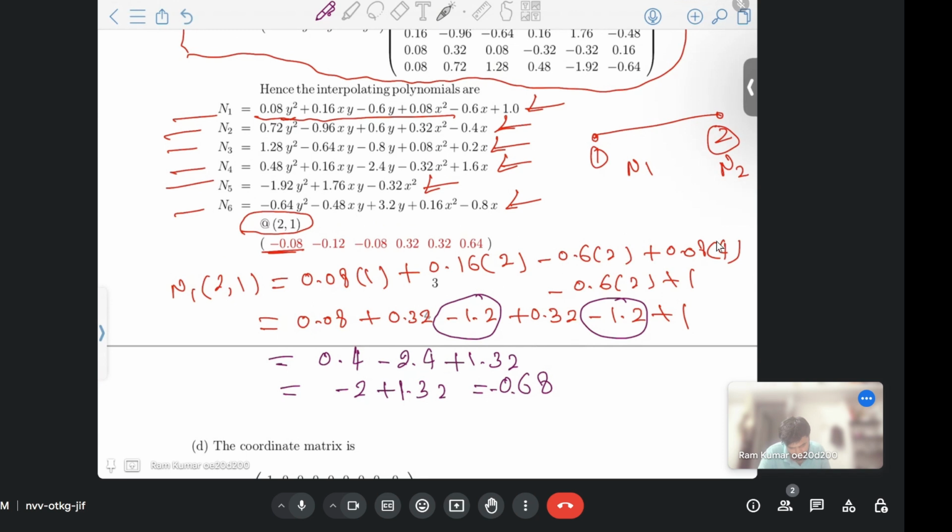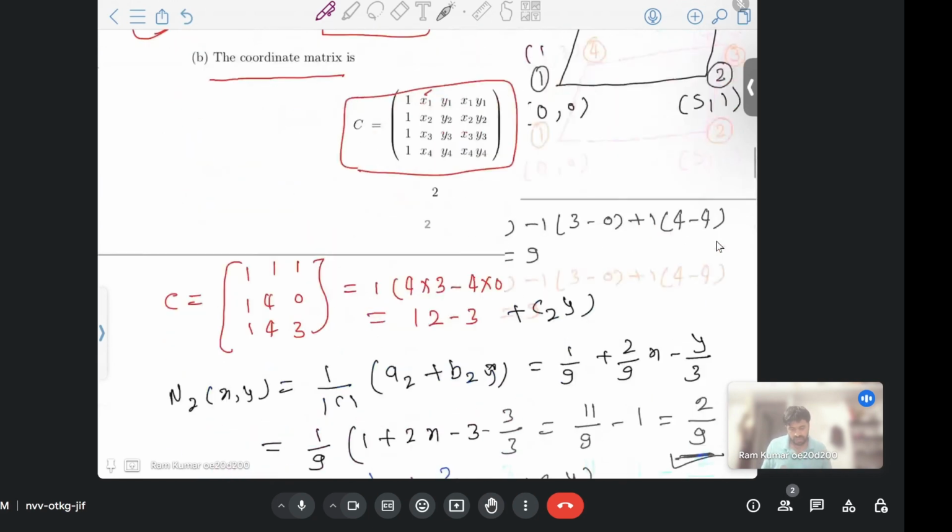I did something wrong here. So just verify, because if we are doing it manually, there is a high chance of error. Something I missed here. Similarly, for N2, N3, N4, N5 also you can get.